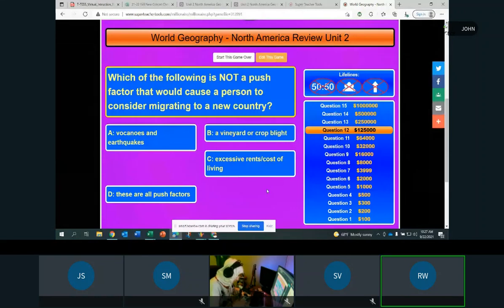Which of the following is not a push factor that would cause a person to consider migrating to a new country? Volcanoes and earthquakes, vineyard or crop blight, excessive rents/cost of living, or these are all push factors.